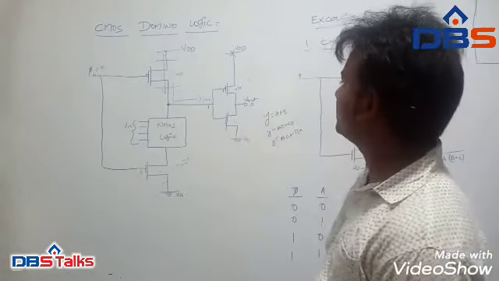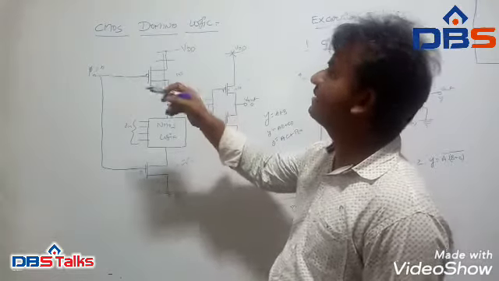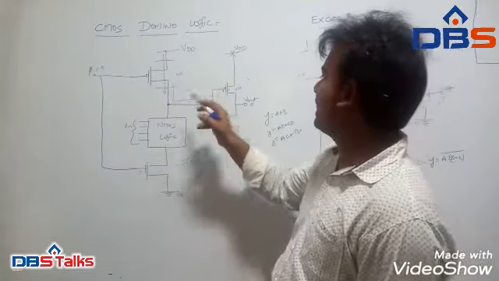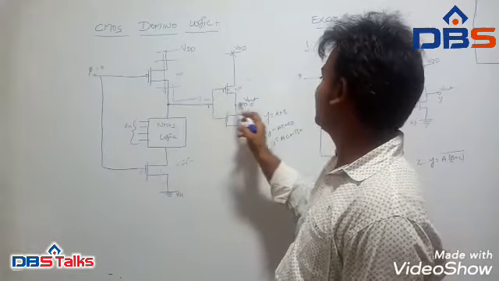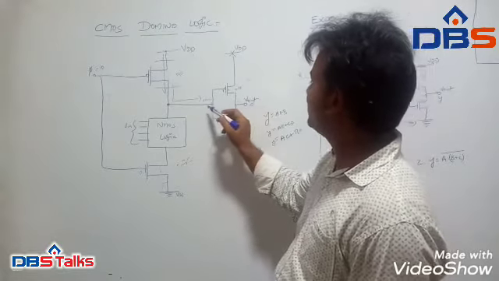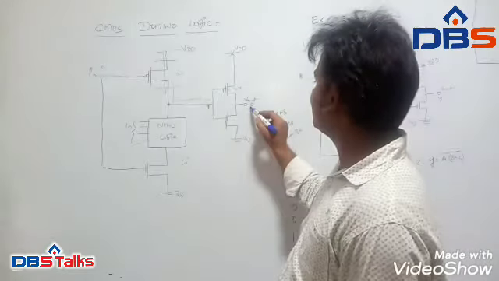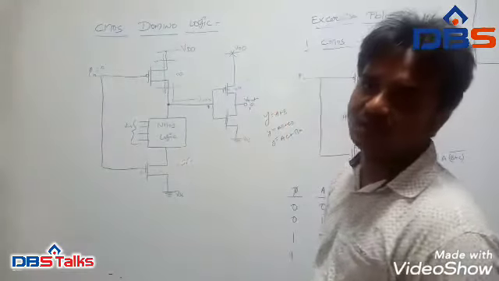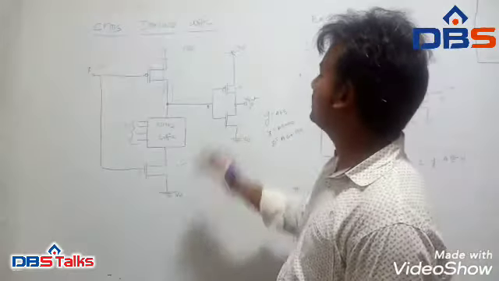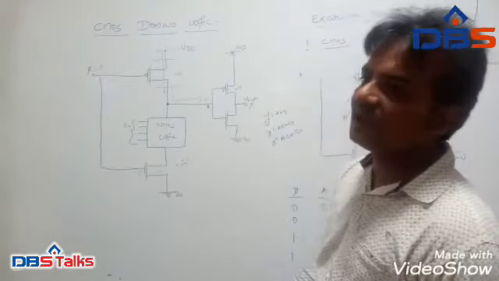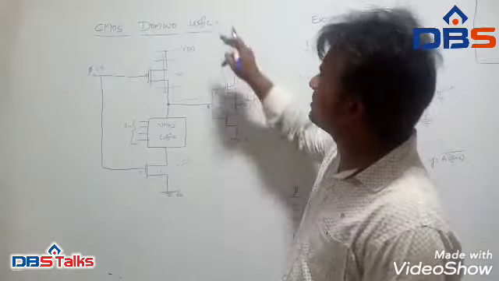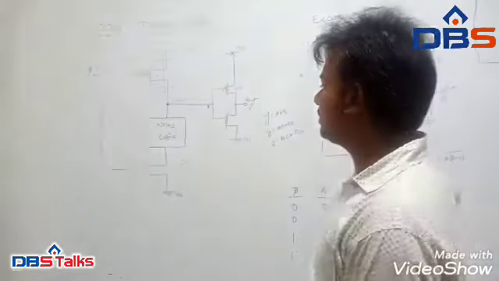That means whenever the inverter input is 1, we get output 0. If the inverting input is 0, we get 1 as the output. Based on that, we can perform the inverting and non-inverting properties by using CMOS Domino logic.